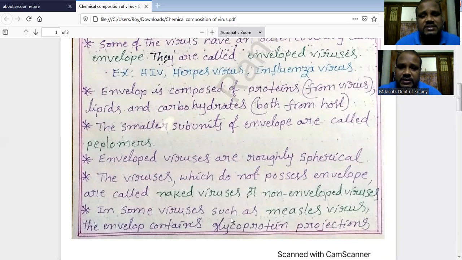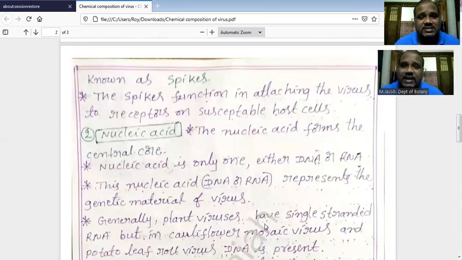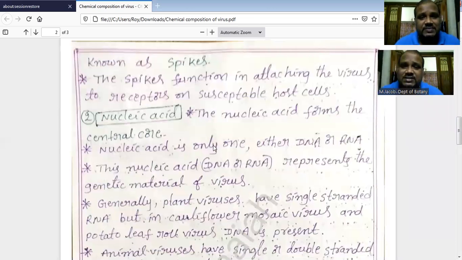In some viruses, such as the measles virus, the envelope contains glycoprotein projections known as spikes. The spikes function in attaching the virus to receptors on susceptible host cells.